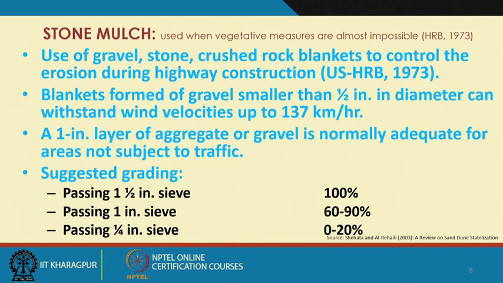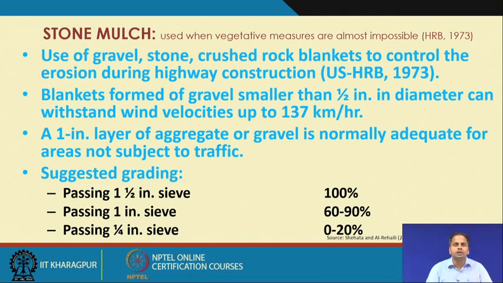According to the US Highway Research Board, 1973, they recommend the use of gravel or stone or crushed rock blankets to control erosion during highway construction. Sometimes when vegetative measures are almost impossible, this kind of measure can be used.